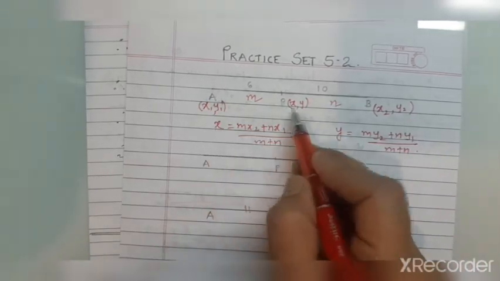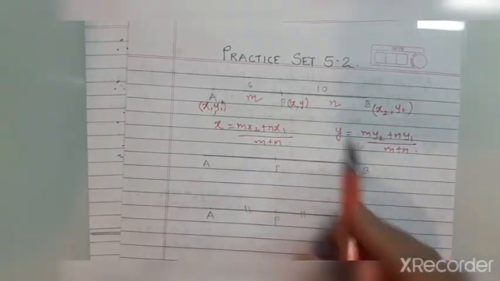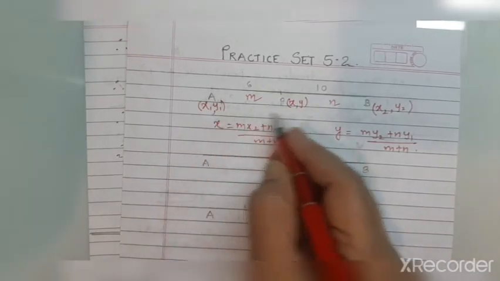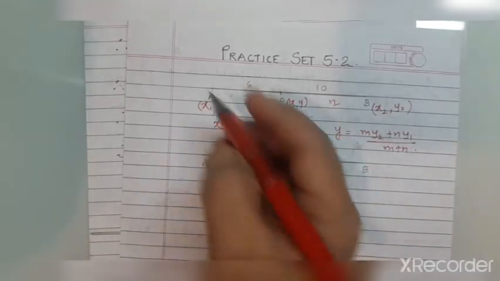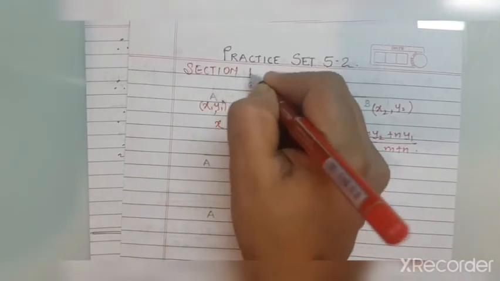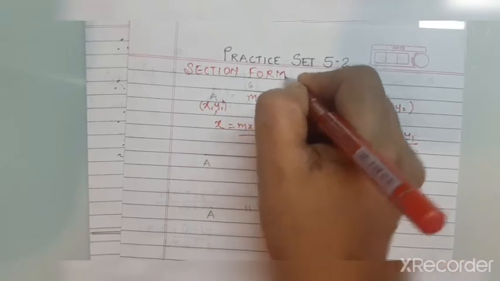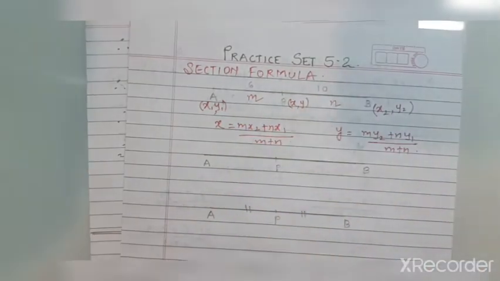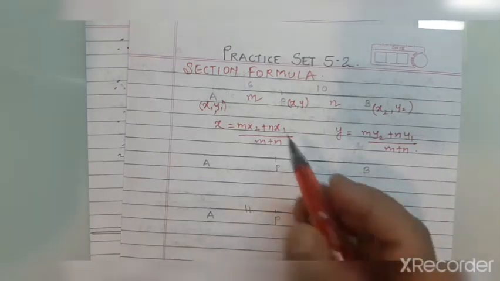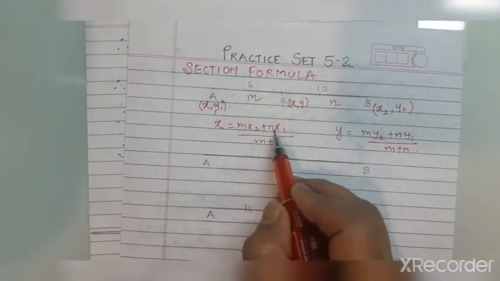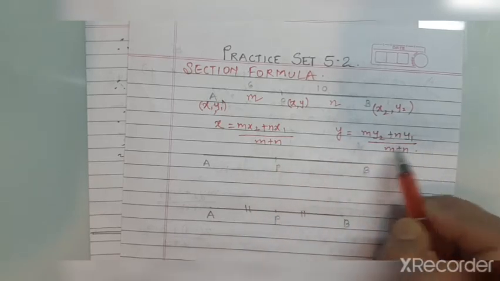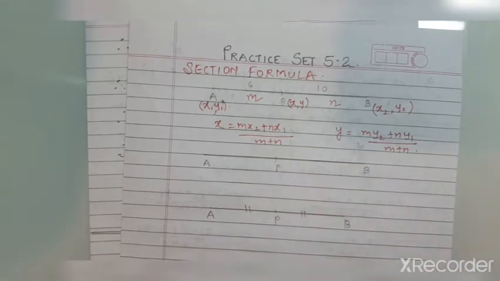In this way we will get the x coordinate and the y coordinate of the point which divides the segment. So this particular formula is called the section formula. You need to study this, and the coordinates will be written as mx2 plus nx1 upon m plus n, comma, my2 plus ny1 upon m plus n.